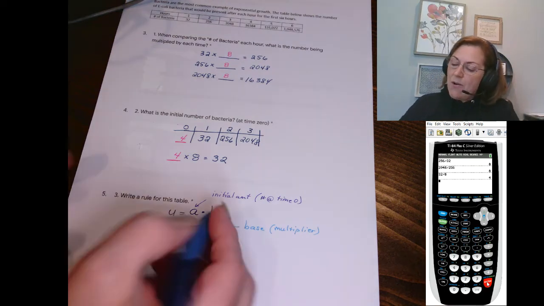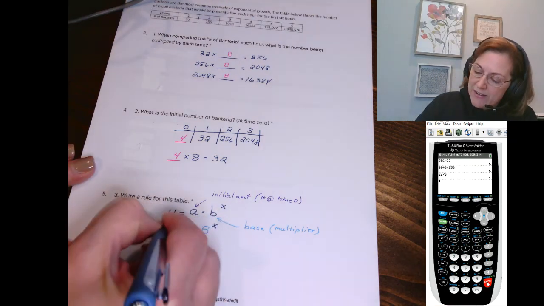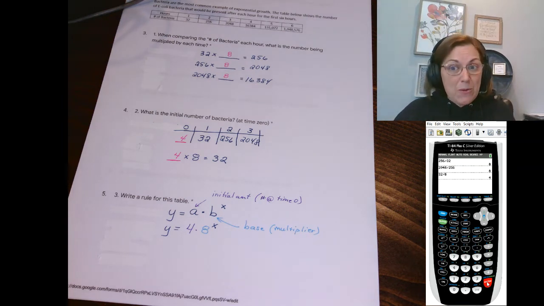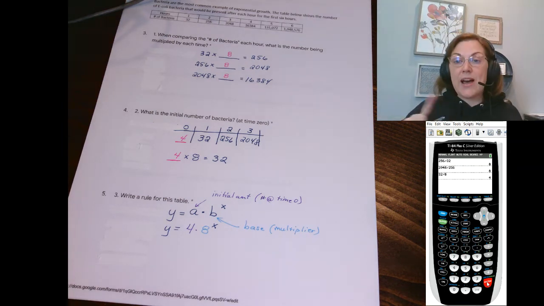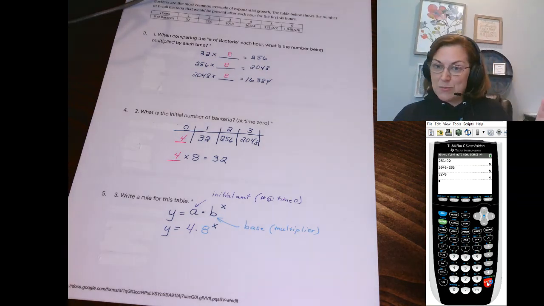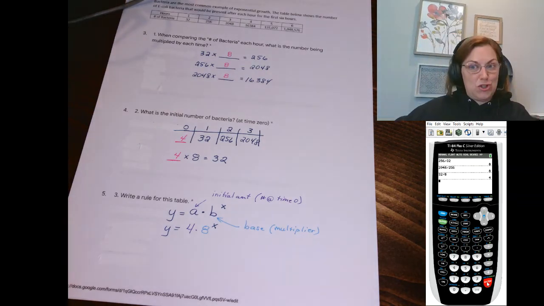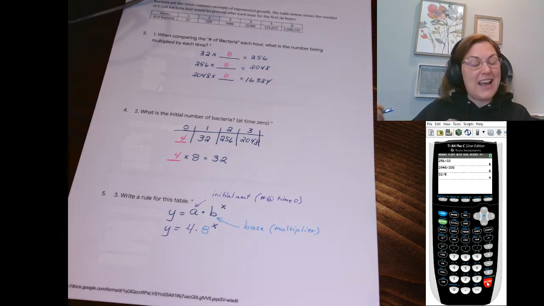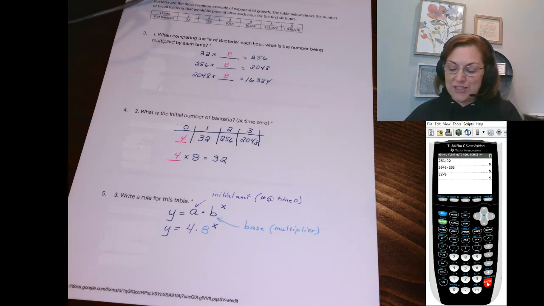So now I have my equation, and I want you to be really careful. We cannot multiply 4 times 8. Here's why. 8 is going with the exponent first before it gets multiplied. So I have to leave it just like this. 4 times 8 to the x. I can't say 32 to the x.